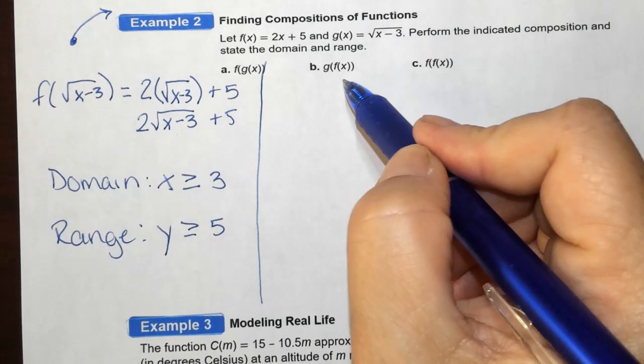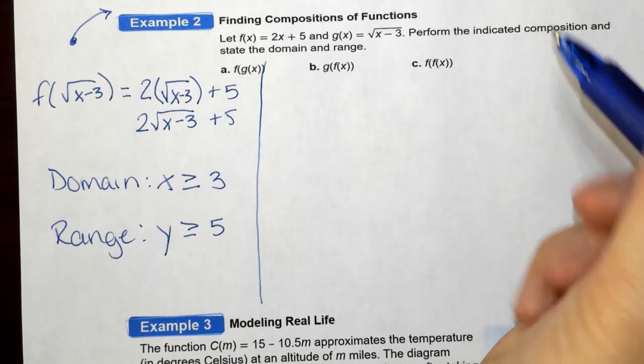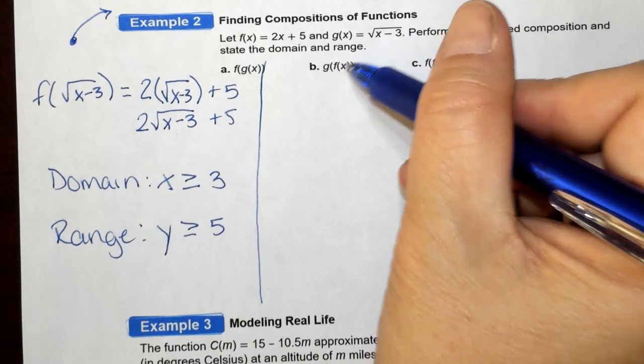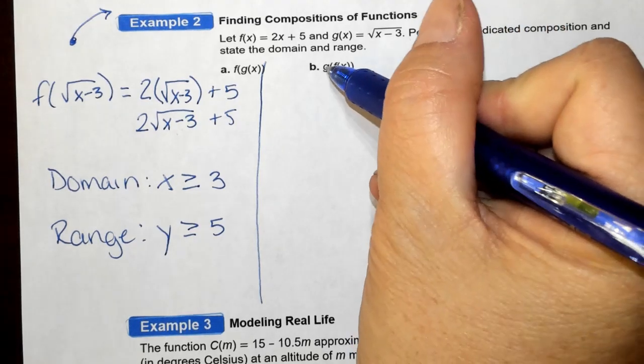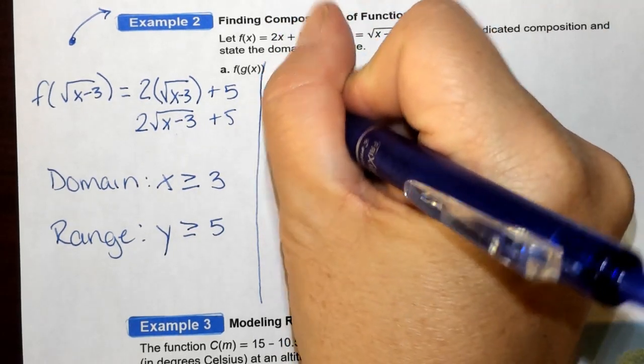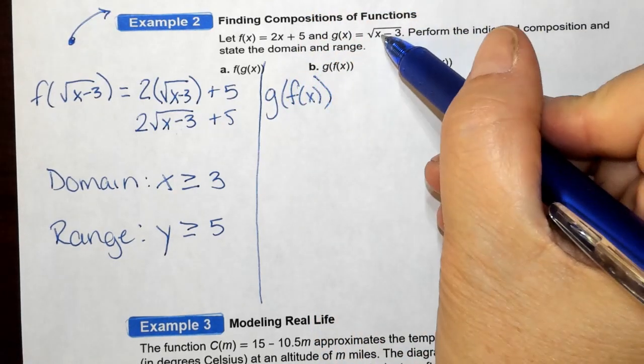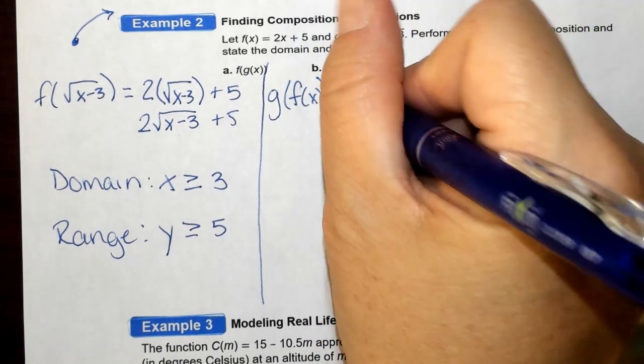All right, so let's move on to b of x. I don't know how much room I'm going to need. All right, so b of x, g of f of x. So this time we're taking g, and for g, we're going to plug in f of x. So where the x is in g, we're plugging in what f of x is.